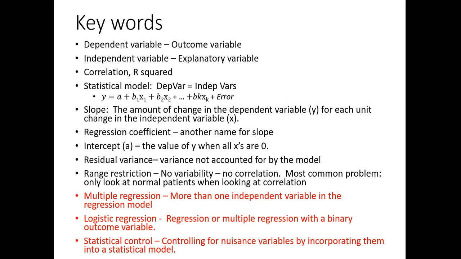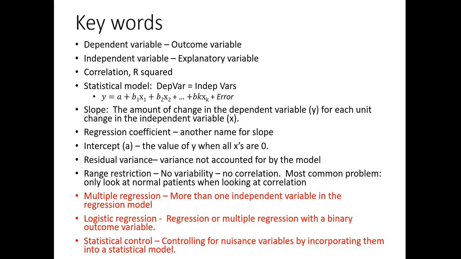There are some keywords. The dependent variable is the outcome variable. Independent variables are the explanatory variables, and they're there to try and show relationships and explain or predict outcome variables. Correlation and R squared. A statistical model: dependent variable equals independent variables.